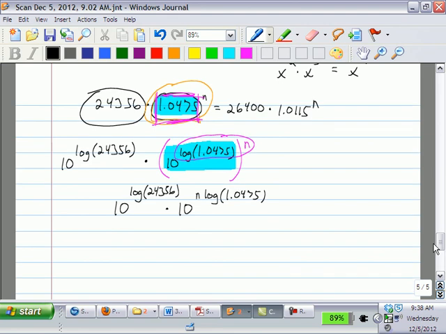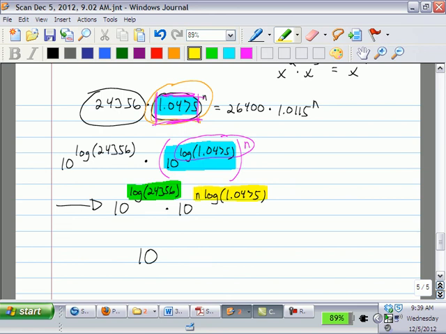So I want to get the left side to a place where it's just 10 to the something. Only one single 10 over there. So we sit right here. If I'm going to combine these two, how does this guy get combined with this guy? Multiplication or addition?